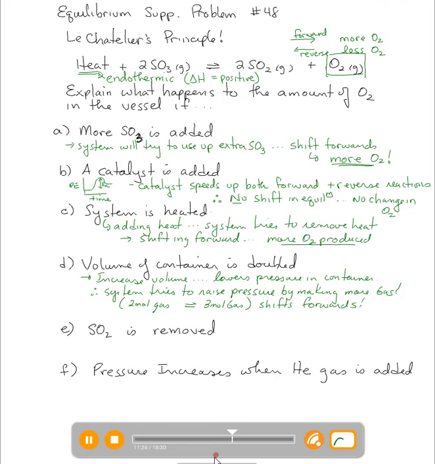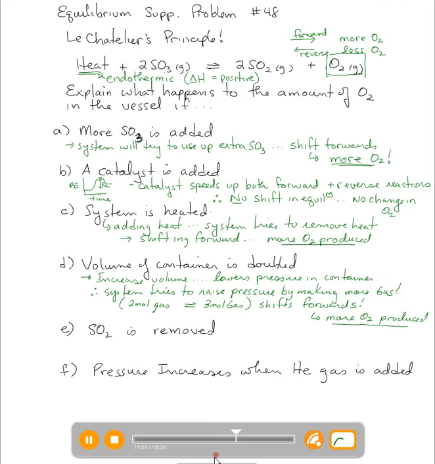Okay, 2 moles becoming 3 moles will increase the amount of gas. So shifting forwards, we get more O2 produced. Now again, this was simplified because there were no liquids or solids in the reaction. If there were liquids or solids, you would ignore them. Okay, we're looking simply at the number of moles of gas on both sides of the equation.